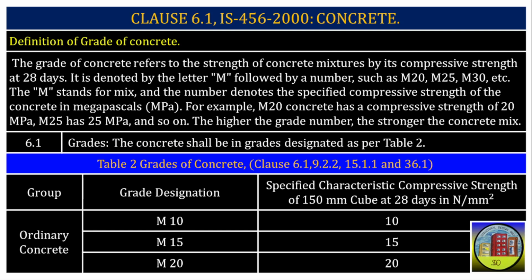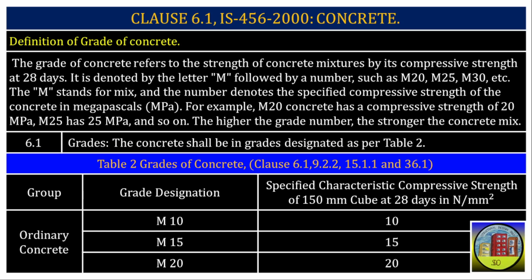Column 2, Grade designation. Column 3, Specified characteristic compressive strength of 150 mm cube at 28 days in Newton per square millimeter. M10, M15, and M20 grade of concrete belongs to the ordinary concrete group.